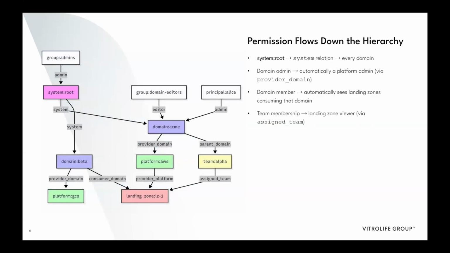In our case, we have this system, and domains are connected to it, platforms are also connected to it, but domains and platforms are connected, etc. So we are now able to say that if you have access to a domain, you also have access to the platforms delivered by that domain and the landing zones delivered by that platform. And if a landing zone has an assigned team, that team can see the landing zone, etc.